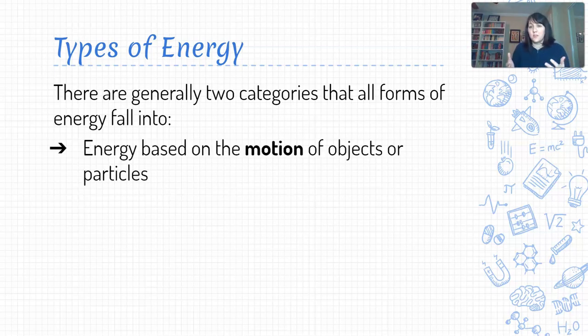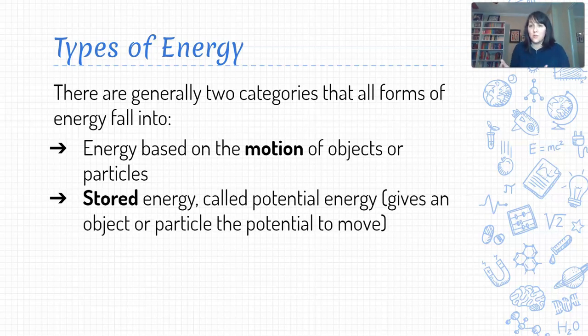One category of energy is energy that reflects the motion of an object or a particle, that it has energy because it is moving more rapidly, more dramatically, but it requires motion that's inherent in that type of energy. Our other category of energy is stored energy, which we call potential energy. And that energy is stored based on the relative position of an object or a particle.